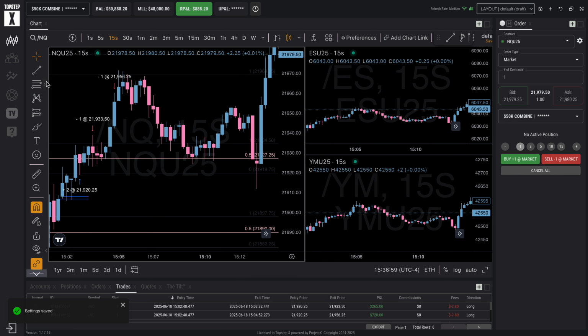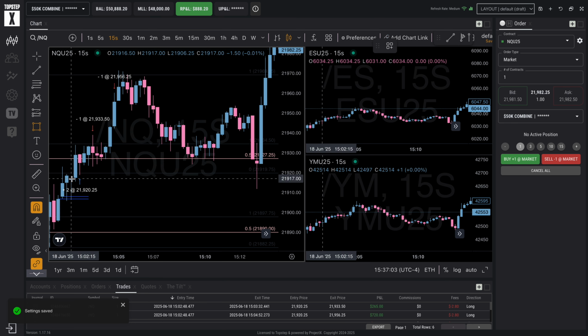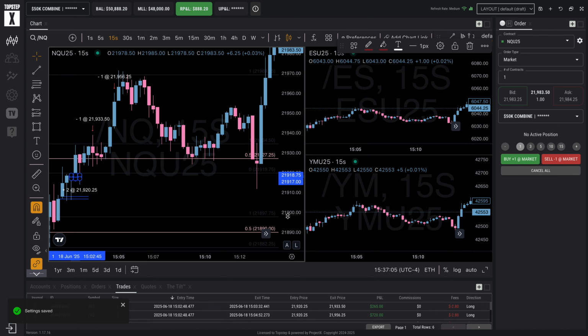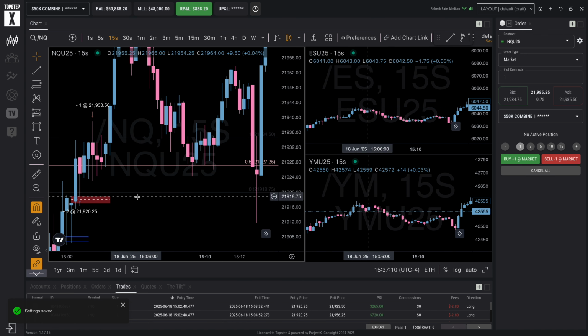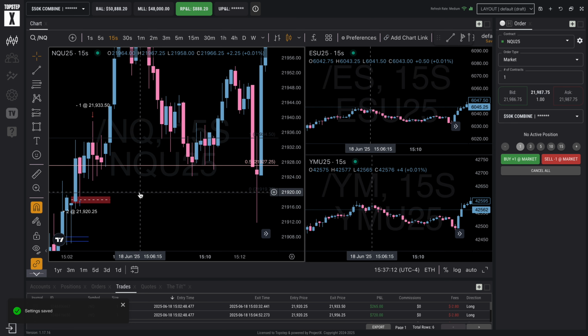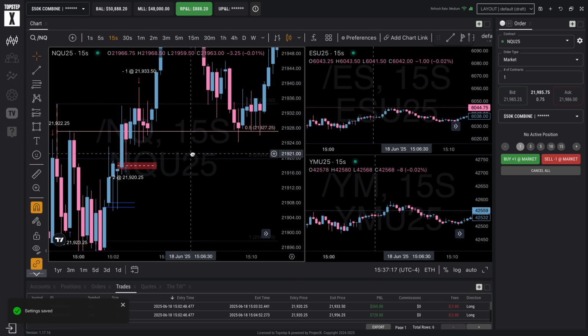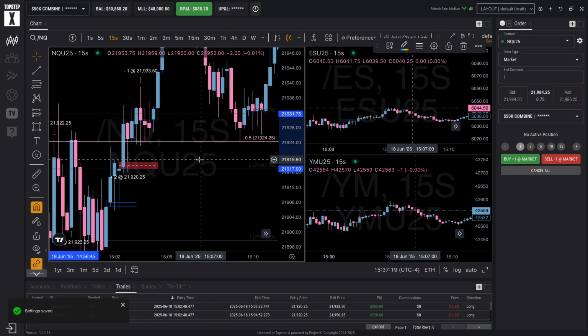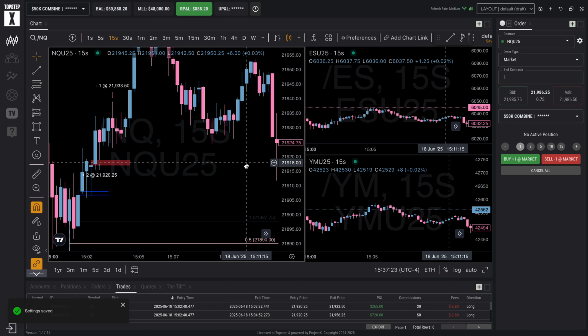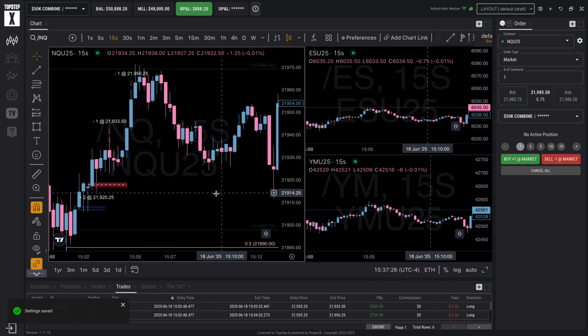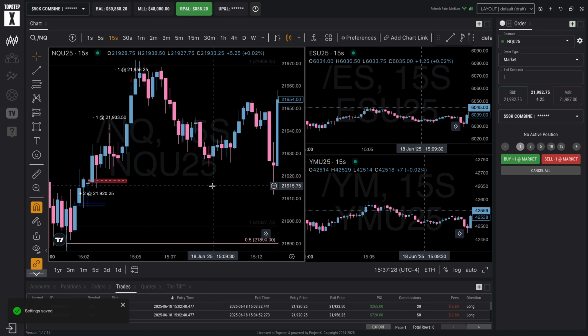Because we had an imbalance right here. I entered right here on this. I took a short here too. But this is the real meat of the trade I alerted.